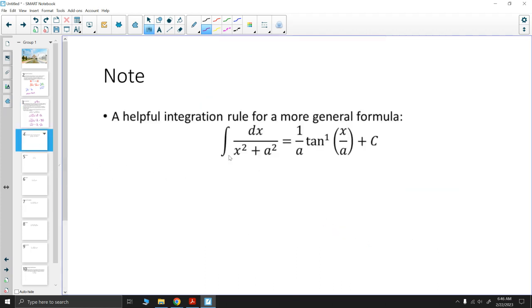Okay, so one thing to note is this is a pretty common integral in these situations. It's a more generic tangent inverse. Essentially, we have a simplified tangent inverse where it's x squared plus 1, but more specifically it's actually x squared plus a squared.